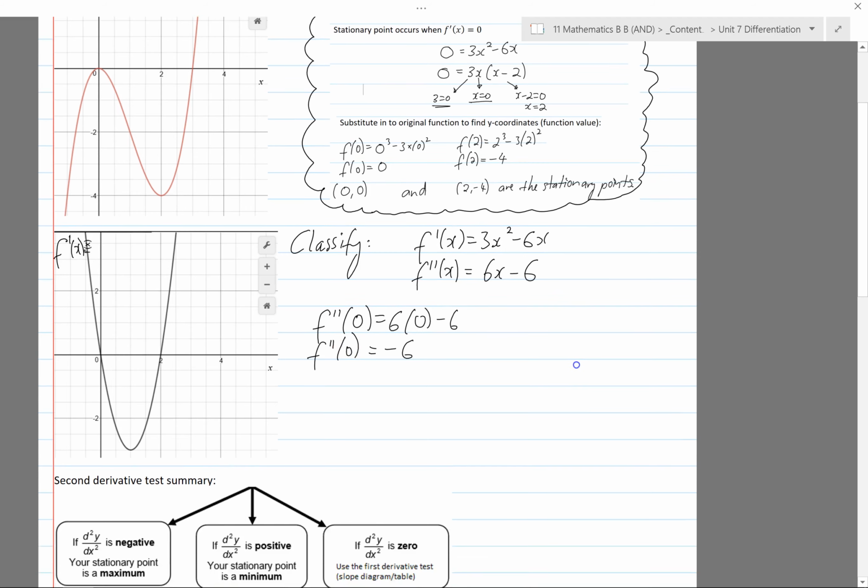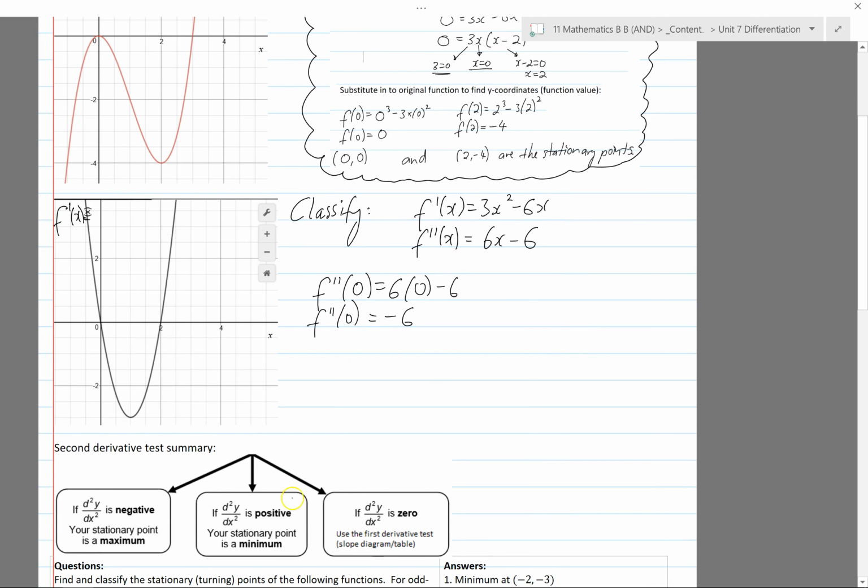Because that's a negative value, in this chart at the bottom, I circled the wrong one. If the second derivative is negative, your stationary point is a maximum. So I can say 0, 0 is a maximum. I'll just note here that it's negative. Therefore 0, 0 is a maximum.